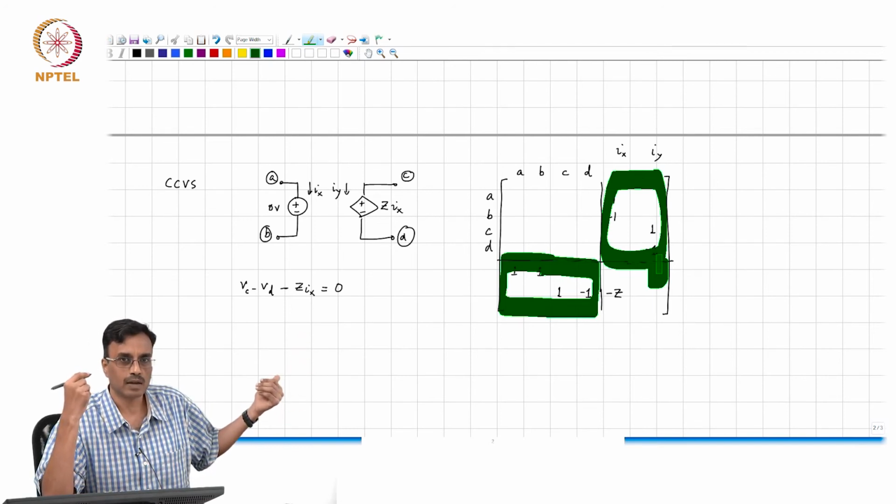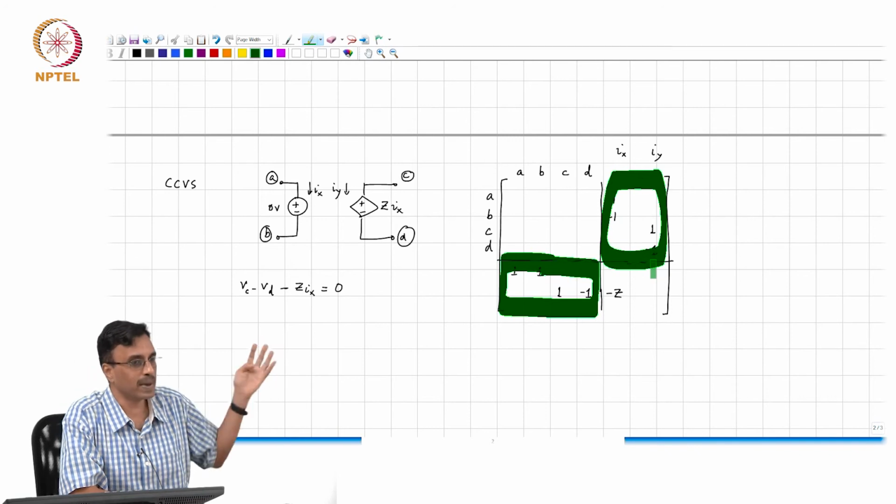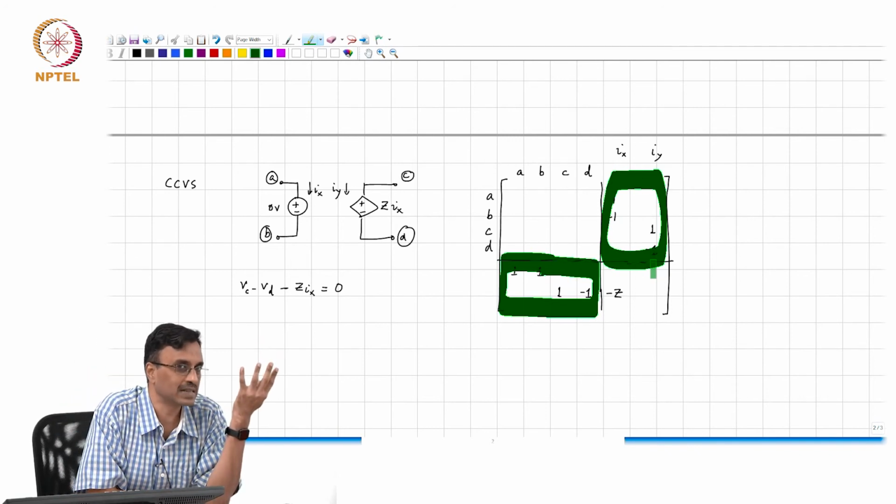Which of the controlled sources does flipping the ports result in the transposed MNA stamp?